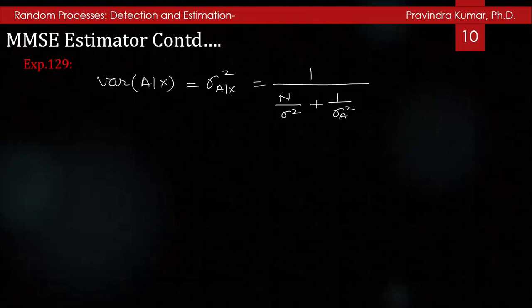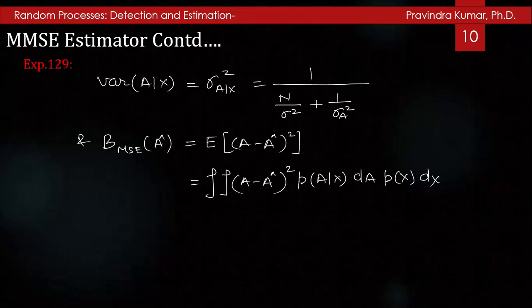1 by sigma_a squared), and the BMSE, the Bayesian mean square error of a hat, will be the expected value of the square of (a minus a hat).